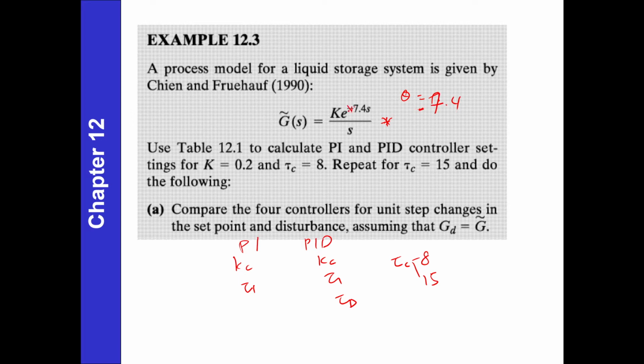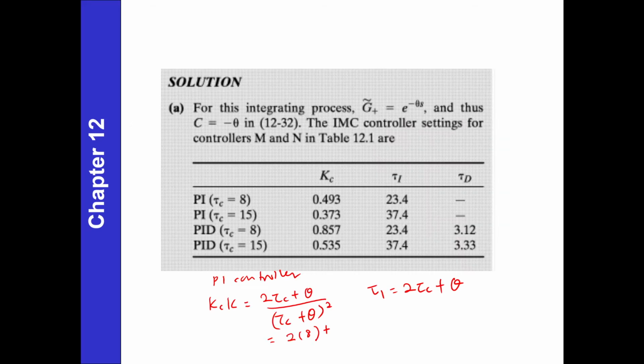So we have 7.4 here, divided by (8 plus 7.4) squared, and don't forget this side, Kc and 0.2 as our K. So the value of Kc you should get.